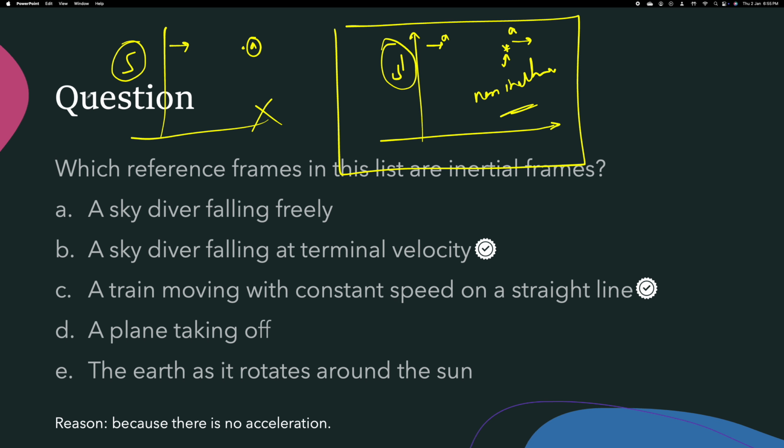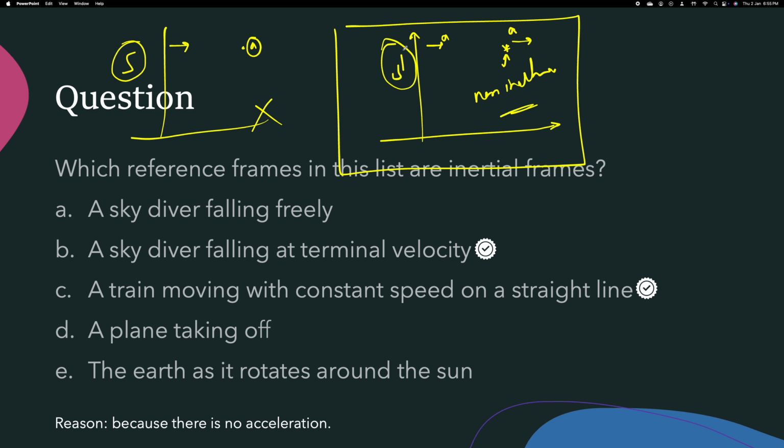Now, you might say S prime is not accelerating with respect to S, and S is not accelerating with respect to S prime. No, no, no. Don't compare like that. Don't look at it relatively. When you answer whether a frame is inertial or non-inertial, we don't answer it relative to some other frame. Instead, it should be answered within that frame.